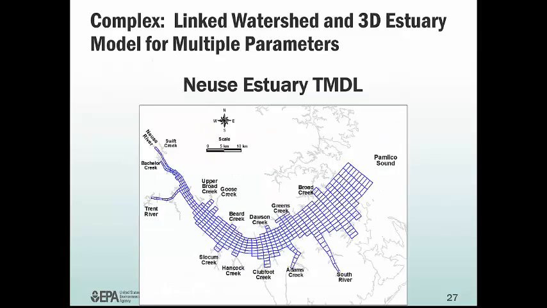Contrast that example with this one from the other end of the spectrum. This image shows the model domain created for the Neuse River Estuary total maximum daily load, which is located in North Carolina. This project required a watershed model's simulated data output to link directly to a 3D water quality model as input.